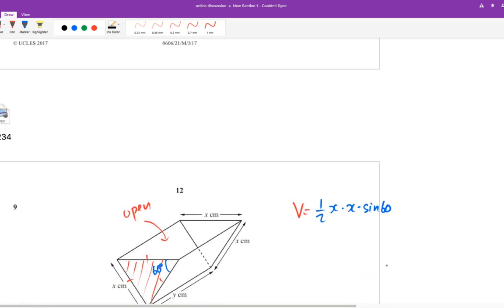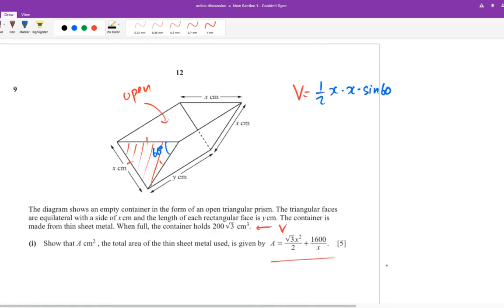Okay, you mean for this one? Because the question trying to trap you by telling you this is open triangular prism. Open, that means on the top this area is empty. Because the question say is open what? So you shouldn't plus this area.